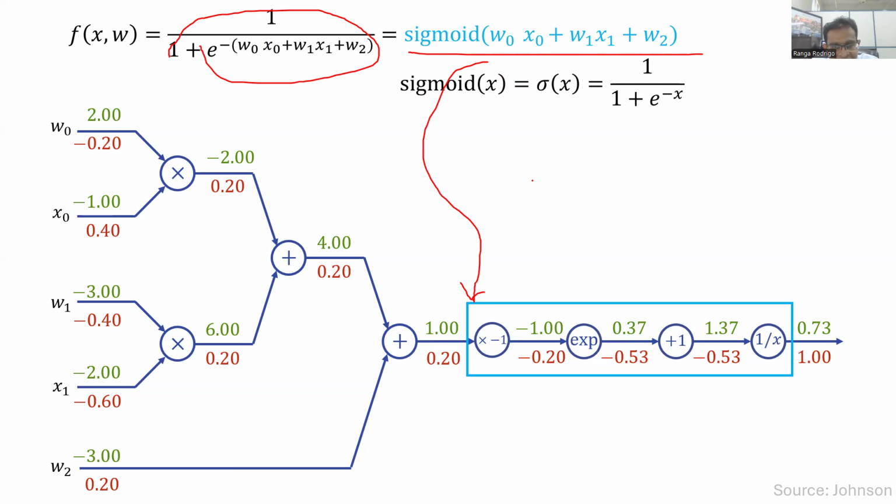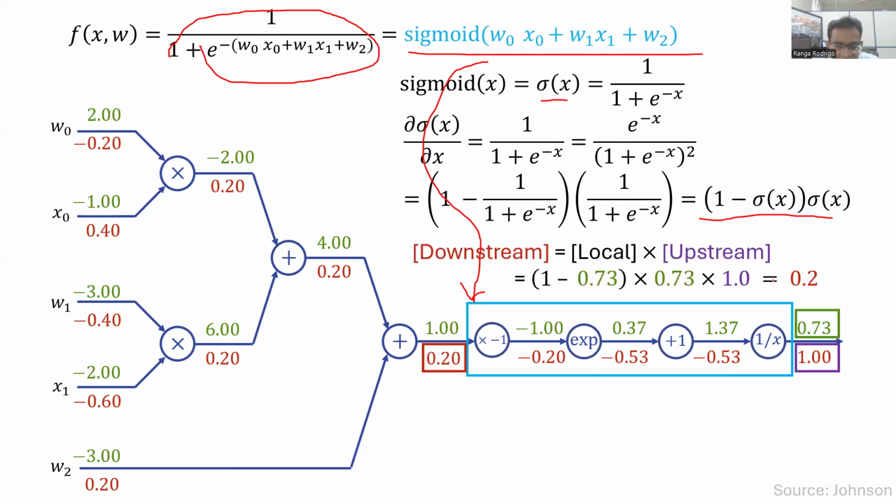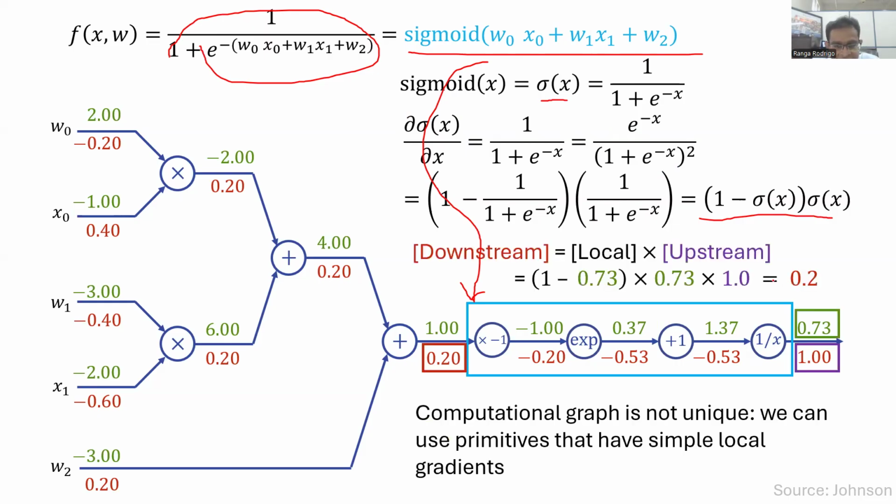If your computational graph has the sigmoid node and your autograd framework, PyTorch or whatever, has the local derivative of the sigmoid, then you can use that to do the backpropagation. For sigmoid, we know the gradient: for sigma x, the gradient is 1 minus sigma x times sigma x. You can prove that. So you can use that to backpropagate. I will not do that, but it is possible.